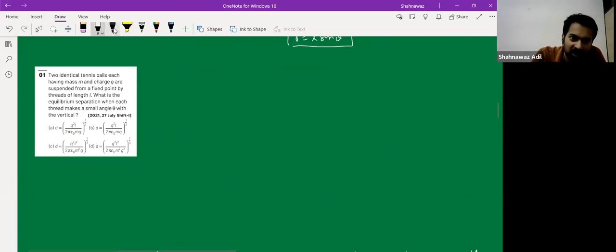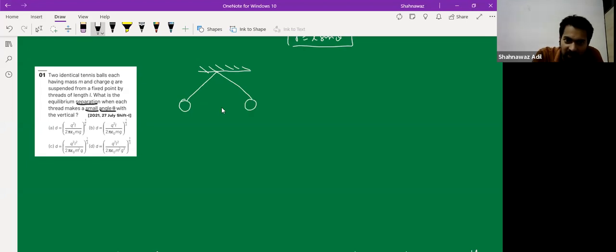So the important information is that this angle theta is small, and we have to calculate the separation between the charges. The diagram is the same.